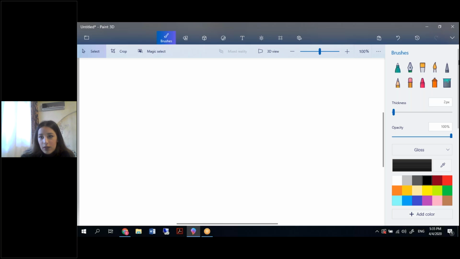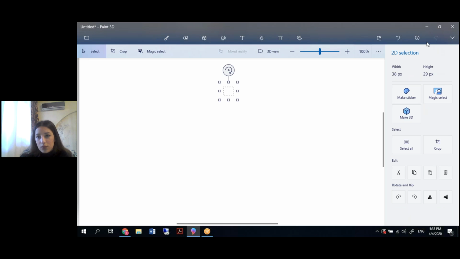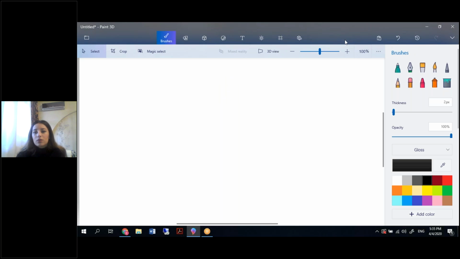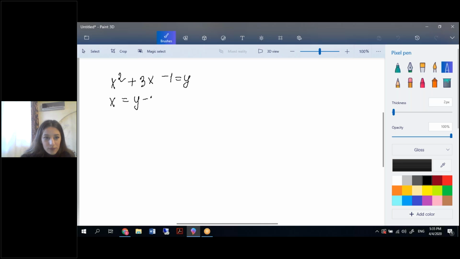For example, let's consider such an example: x squared plus 3x minus 1 equals y, and x equals y minus 2.